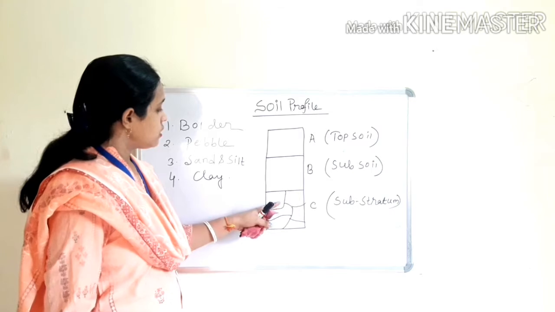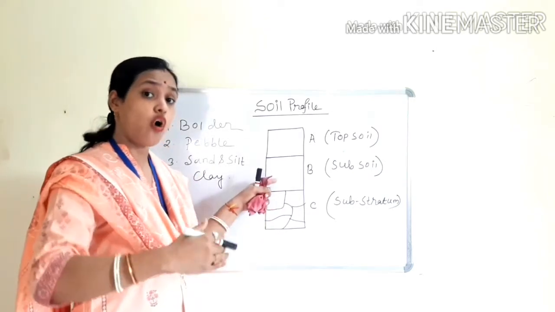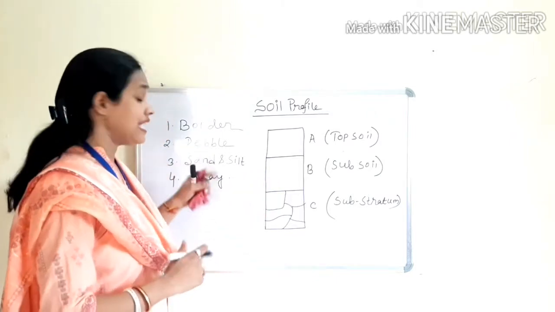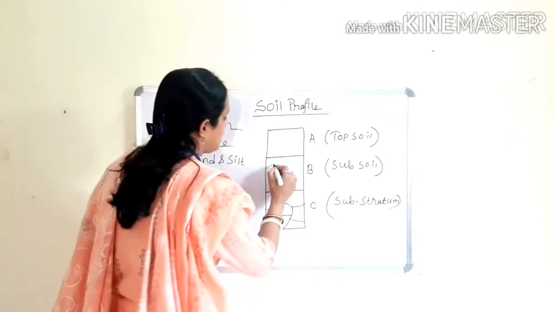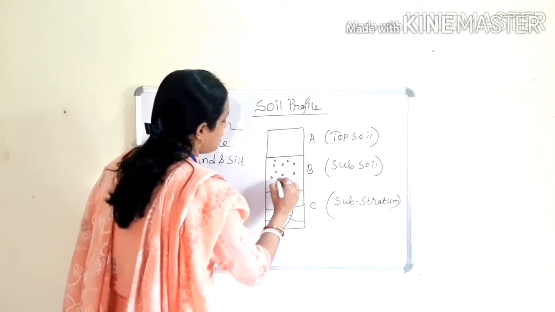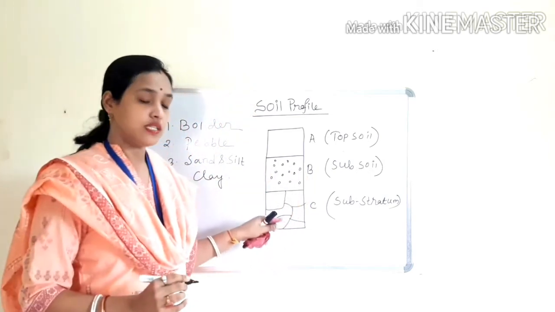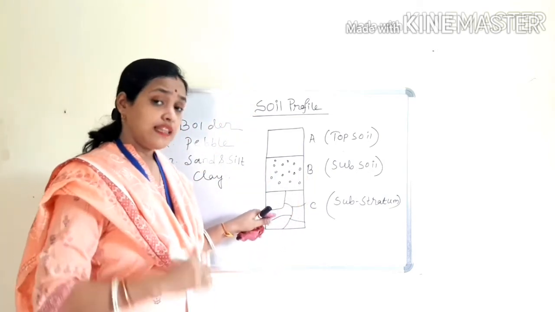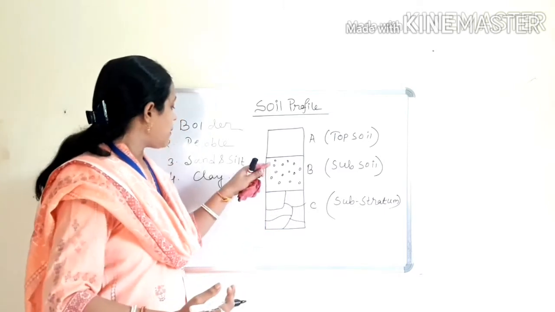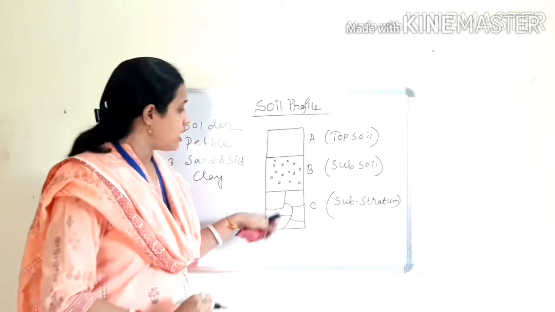Now, in B layer we find further breakdown of boulders into smaller pieces. That means we find pebble and sand and silt, which are smaller than boulders. So here we find boulders, then through further breakdown of boulders we find pebble, sand and silt through the process of weathering and erosion.